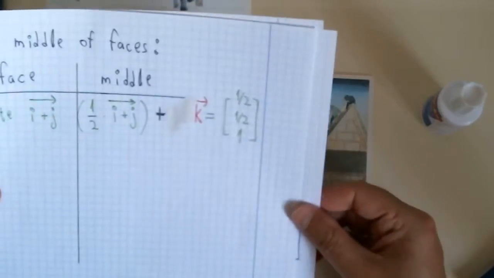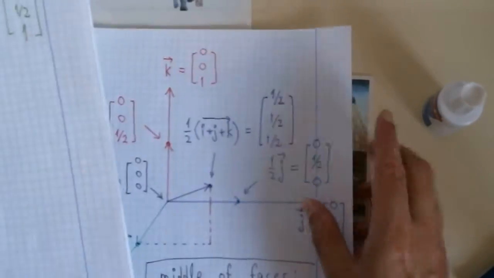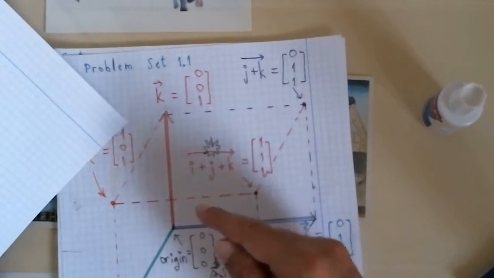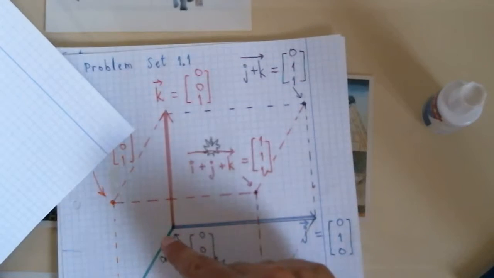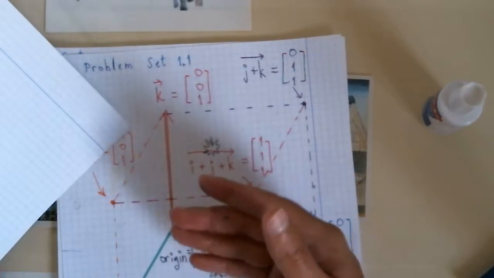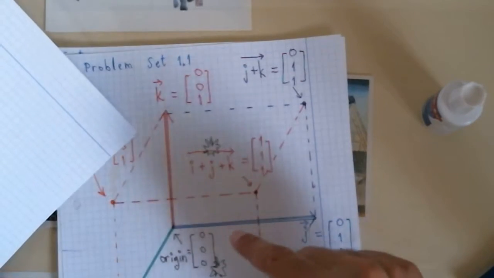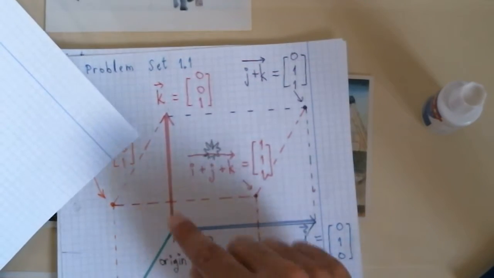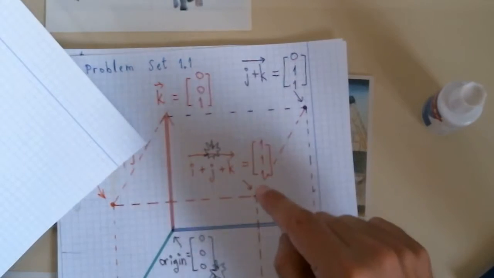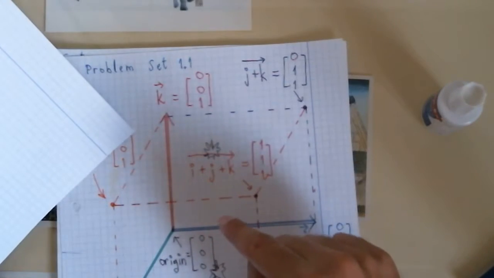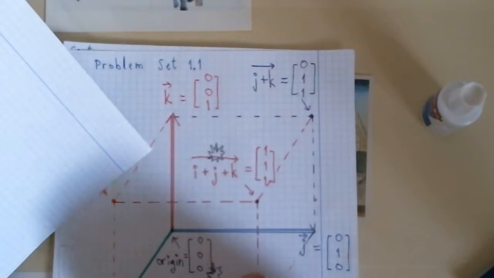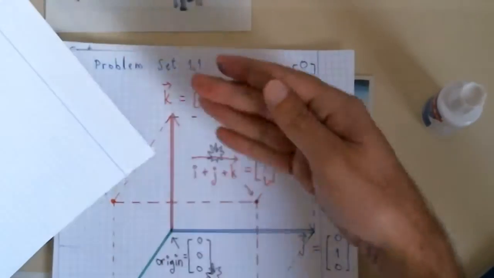Let's make the opposites of the other ones. Let's take the opposite of the face that is, I'm sorry, it's not the face that is close to us, it's the face that is far away from us.